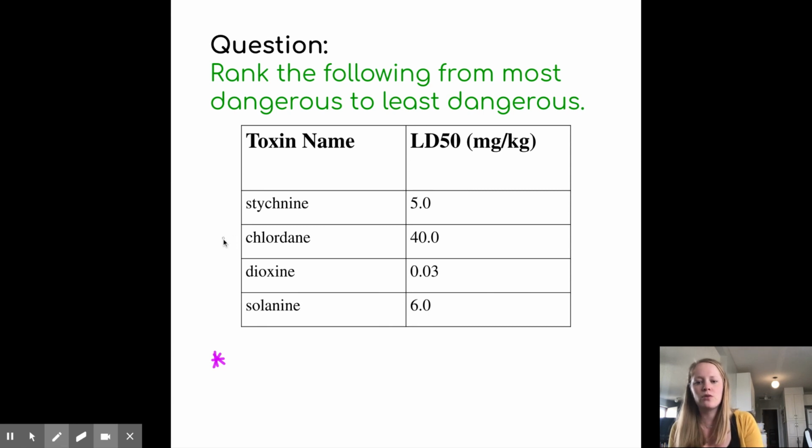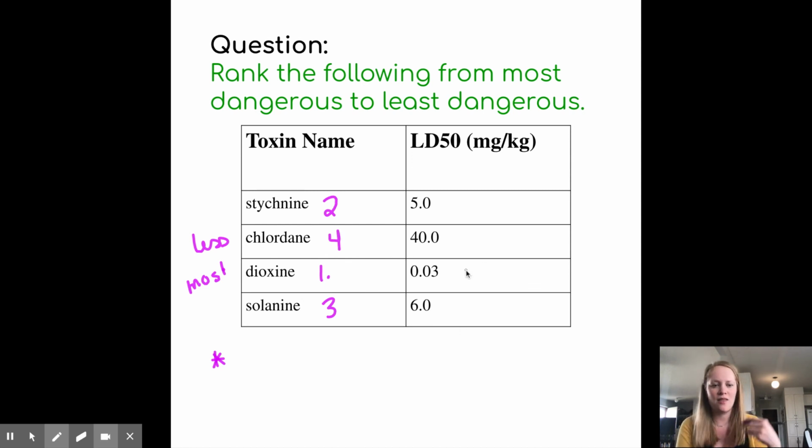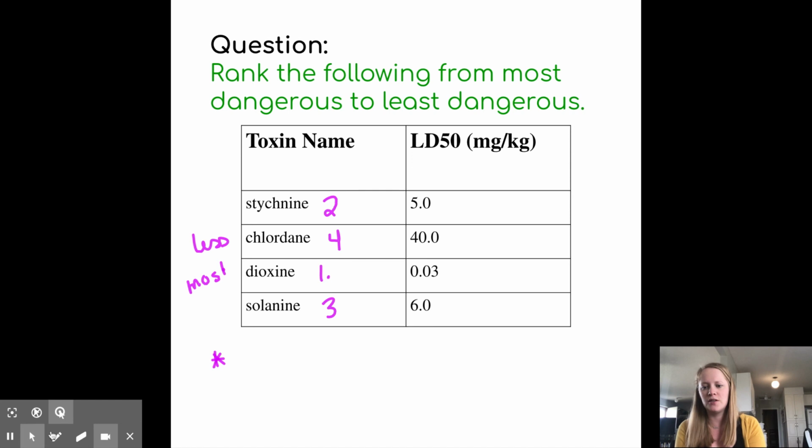So chloridane is the least toxic, and dioxin is the most. So this is the most dangerous. And then our next one is that guy. And then we're dealing with solanine. So least to most, based strictly on numbers. The higher the number, the less toxic it is in regards to LD50 measurements.